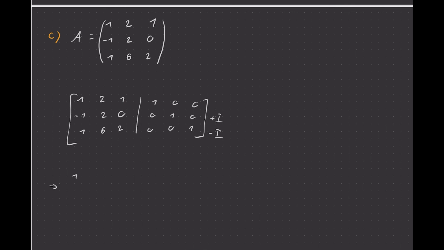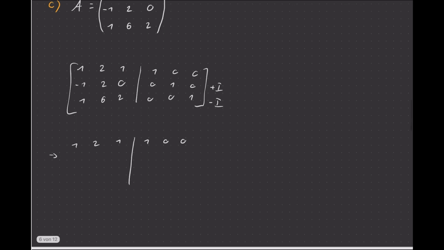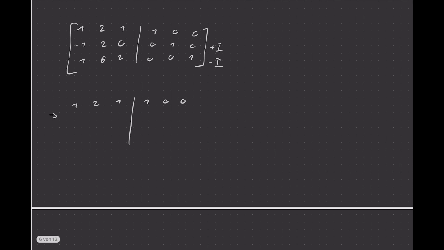That yields, well, the first row is not changed, so just copy that, including the right-hand sides. For the second row, we get minus 1 plus 1, that's 0. 2 plus 2, that's 4, and 0 plus 1 is 1. And on the right-hand side, we get 0 plus 1, 1 plus 0, and 0 plus 0. So 1, 1, 0.